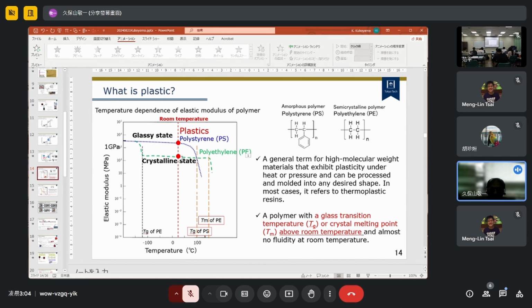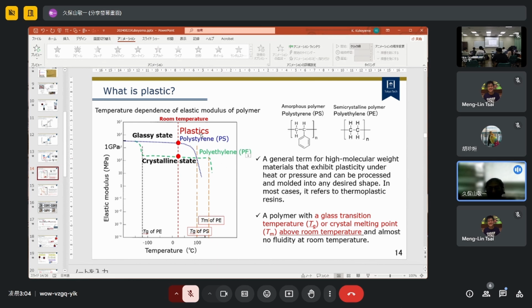And when you heat the polyethylene above its melting point, Tm, the elastic modulus becomes lower, it is plasticized, and you can change the shape of the polyethylene at the higher temperature. So this one is also plastic, because at room temperature this sample is a solid, rigid structure, and at a higher temperature, you can reshape the sample.